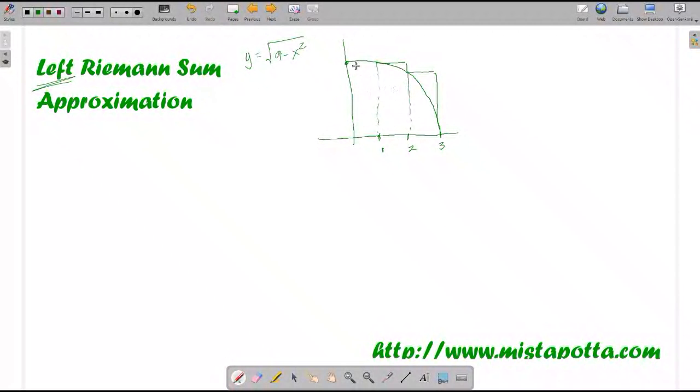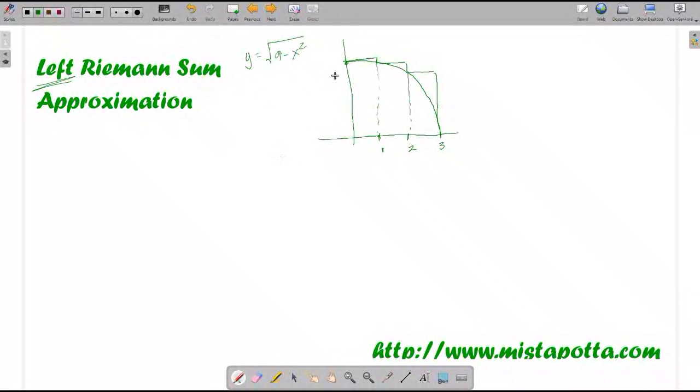And you can see in this case it ends up being an underestimate as well, but just a slight underestimate, not nearly as much of an underestimate as it was before.